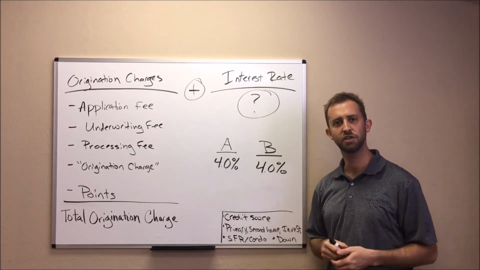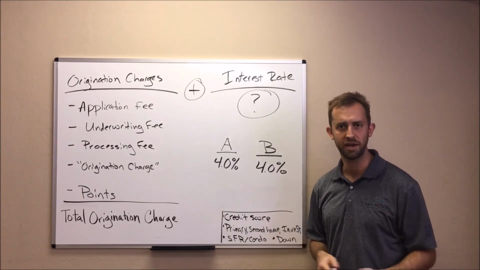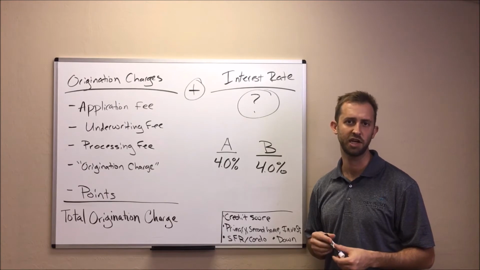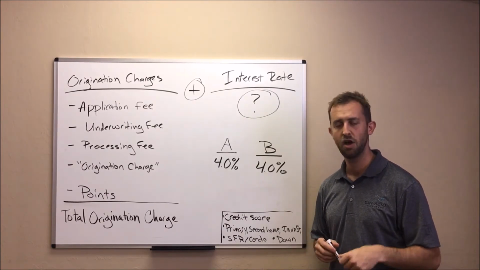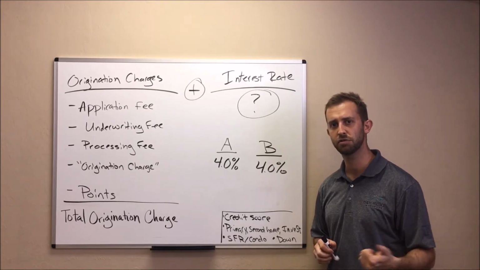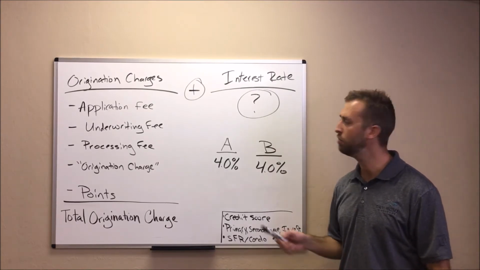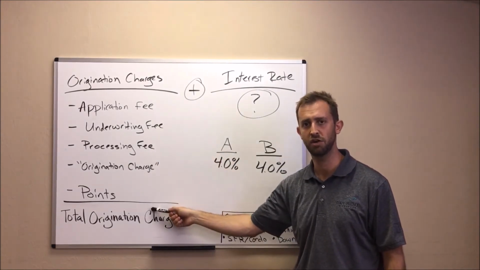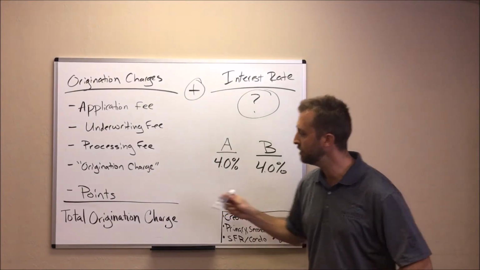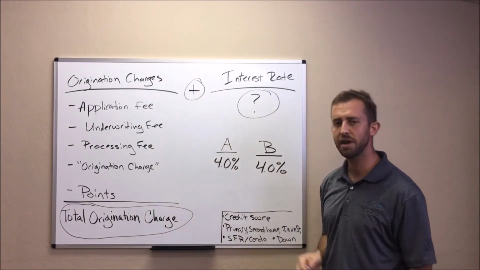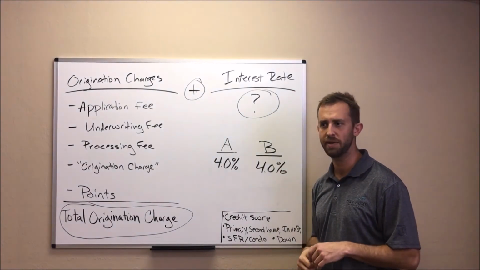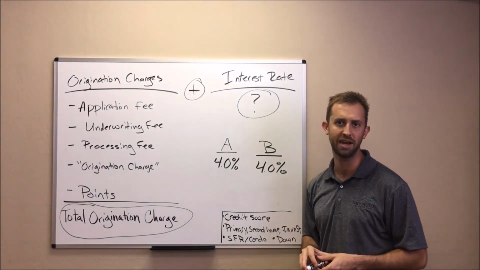So if a lender tells you they're going to give you a 4% interest rate, that by itself does not tell you everything you need to know. What you need to know when shopping amongst lenders is the interest rate plus the total origination charges they are charging you. Now we have enough information to make an educated decision on whether we're getting the best deal or not.